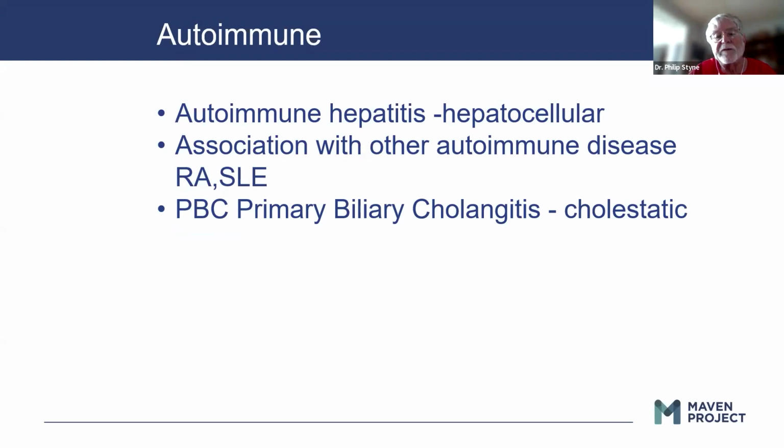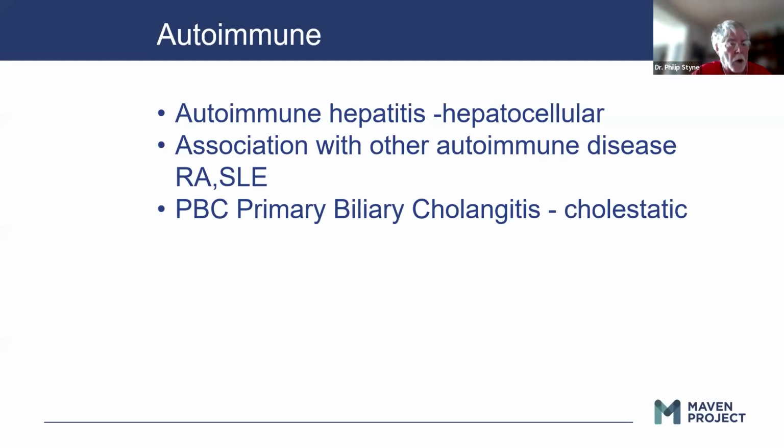Autoimmune disease we mentioned previously, autoimmune hepatitis, usually in sick patients. When they have autoimmune hepatitis and it's really quite severe, they're systemically ill.